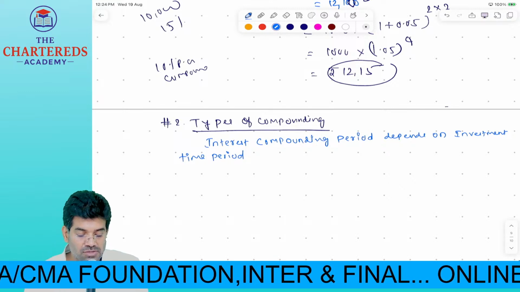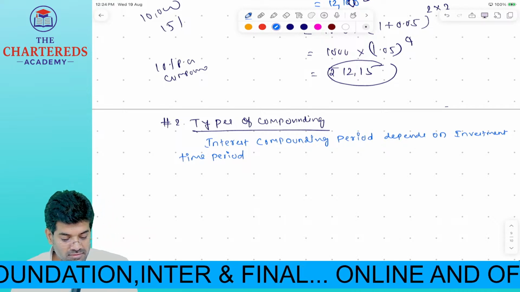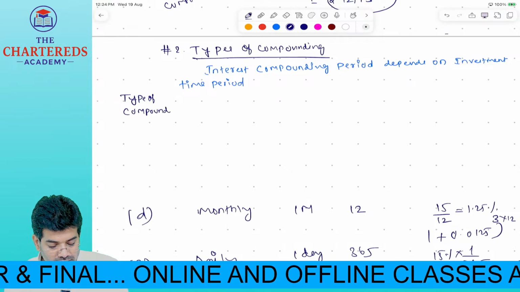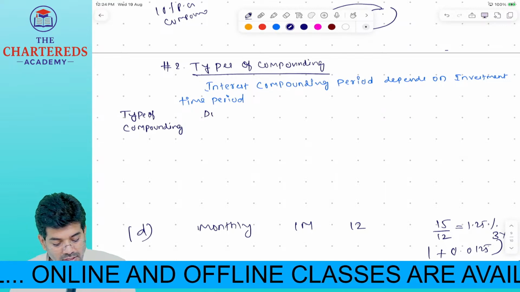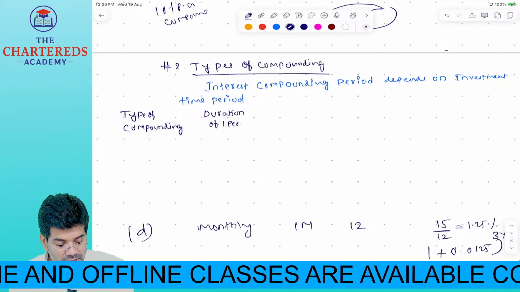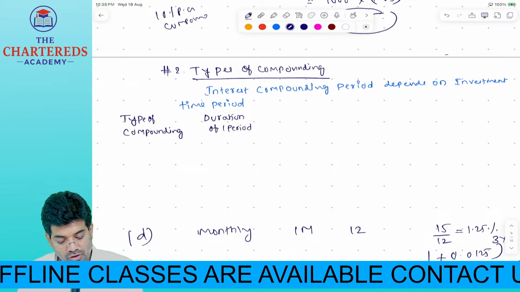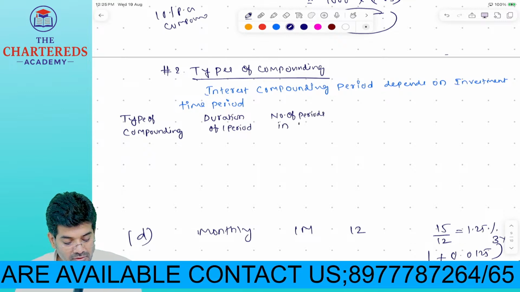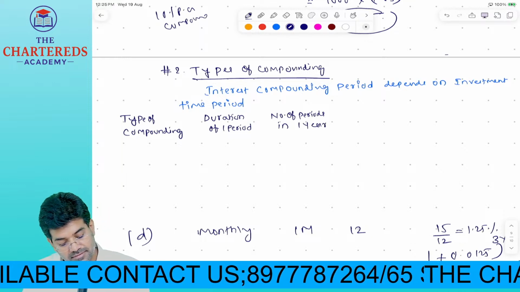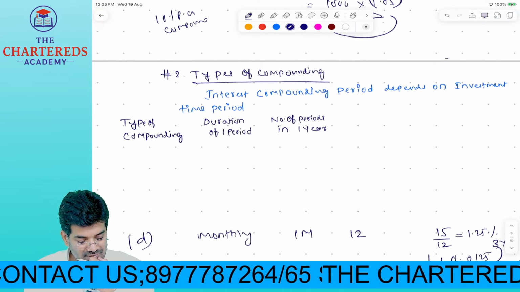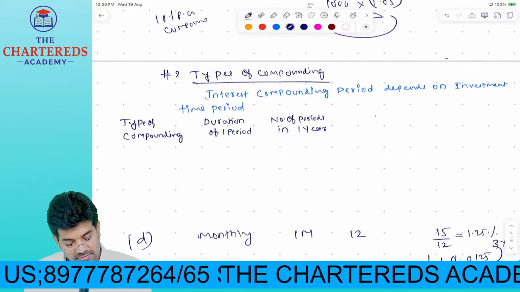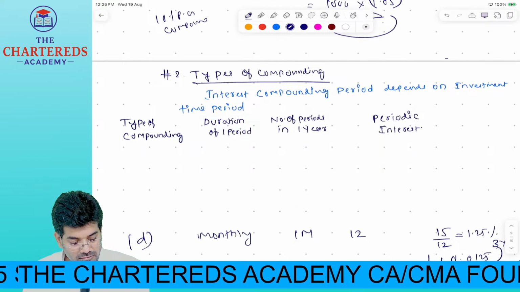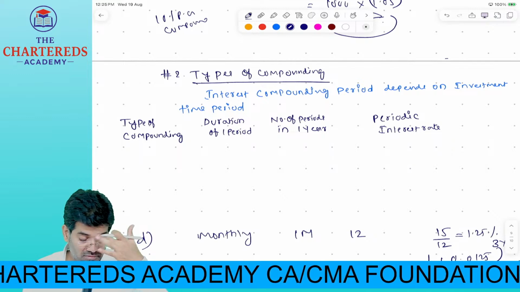Then the type of compounding, duration of one period, number of periods in 1 year, and periodic interest rate.